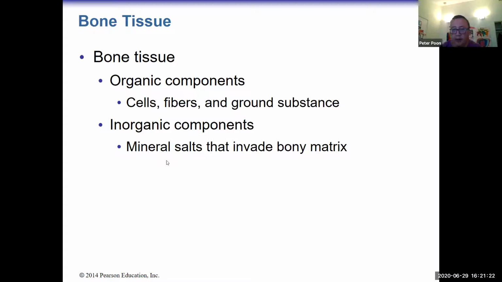It's like porcelain, right? It's hard, but it breaks easily. Or sorry, when you don't have the organic components, you have the stiffness of the inorganic components, but now it's brittle. And that disease is called osteogenesis imperfecta.